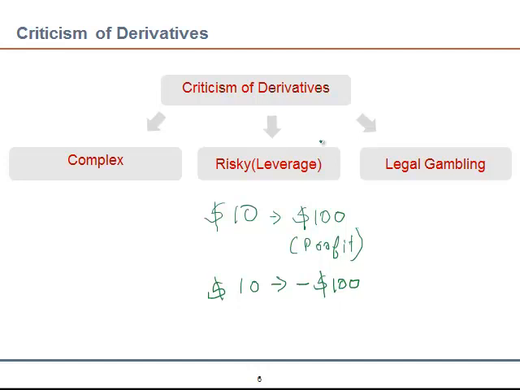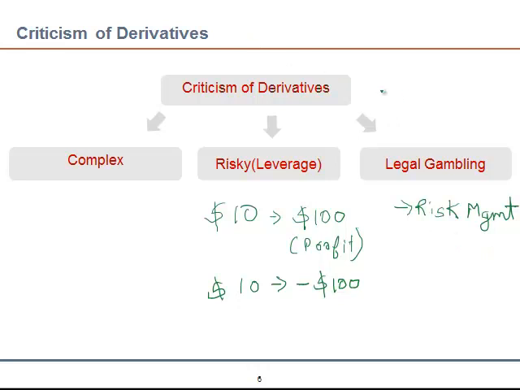And finally, because of this risky and highly leveraged nature, people normally tag derivatives as legal gambling. This is a bit too harsh because derivatives do help in risk management, thereby helping the markets to function much better.